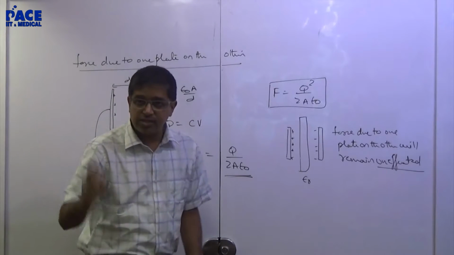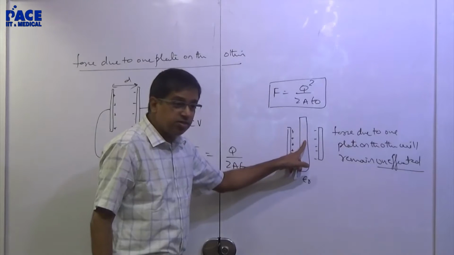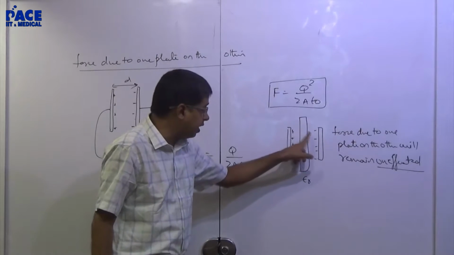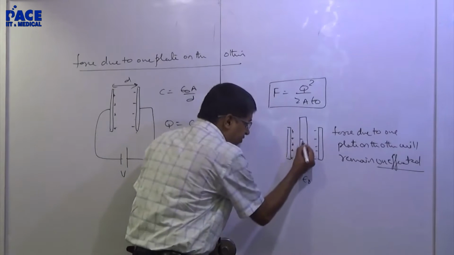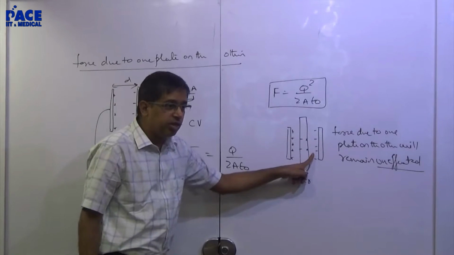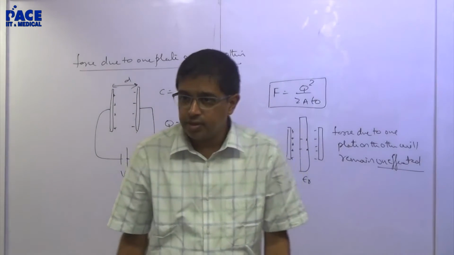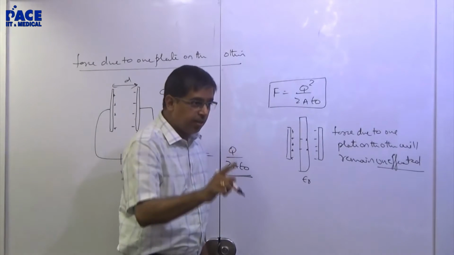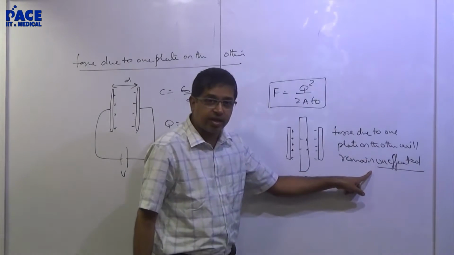Why will it remain the same? We have drawn the graphs. Here the field is E naught. Inside it is E naught by epsilon r. Outside it is again E naught. The negative and the positive charges induced will not produce any effect outside. They will cancel out each other. Remember, we have done this in the previous class. Hence force due to one plate on the other will be unaffected.